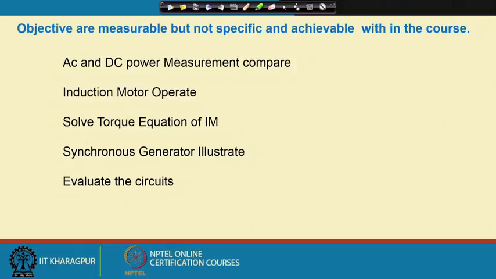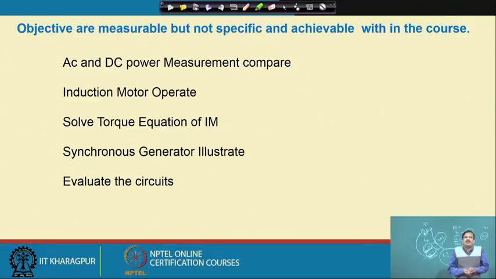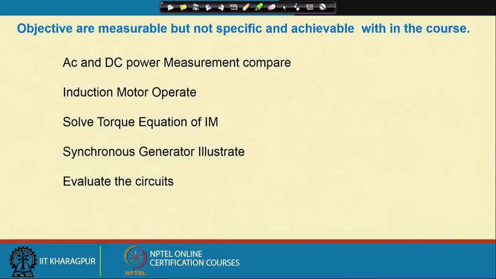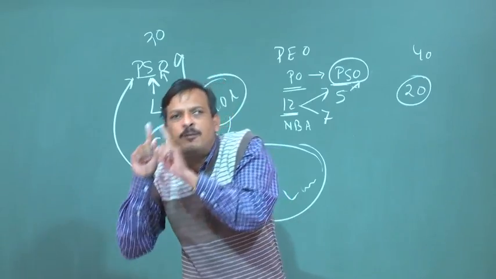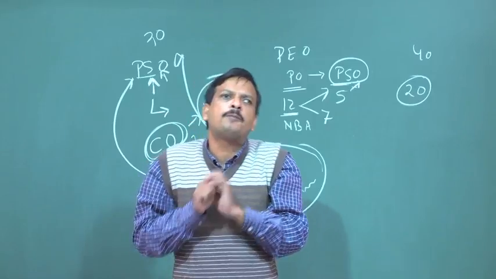Synchronous generator illustrate, which may not be required for a BE engineer. Evaluate the circuit. What is the meaning of the evaluation? So, those are not course outcomes, those are not the process to write course outcomes. You have to write the course outcome, that means what will be given to the students, what they have to perform, up to what level.